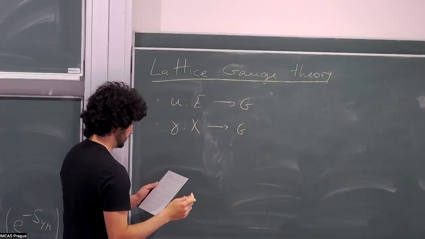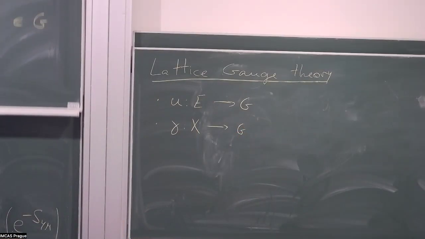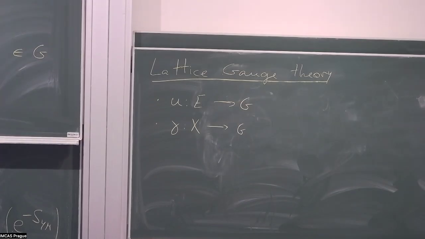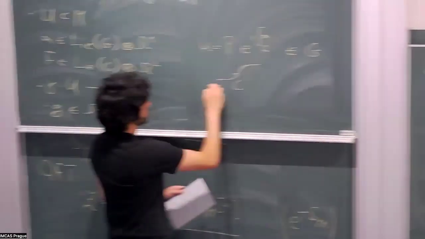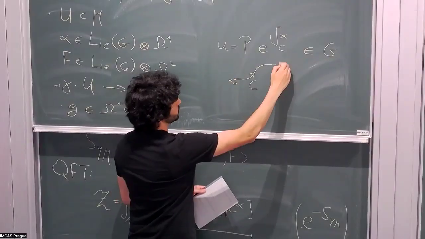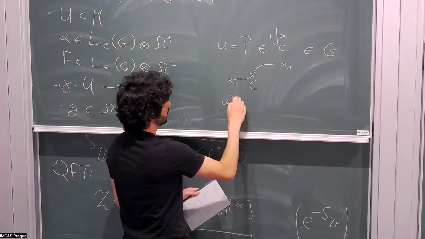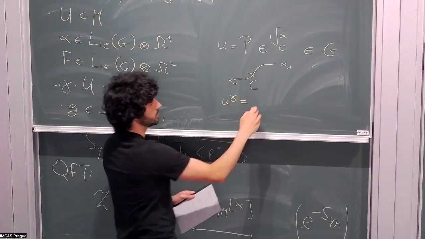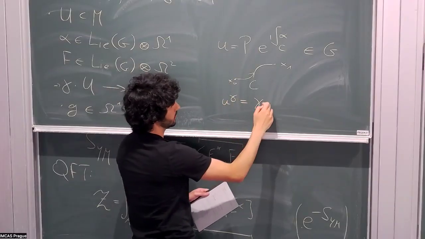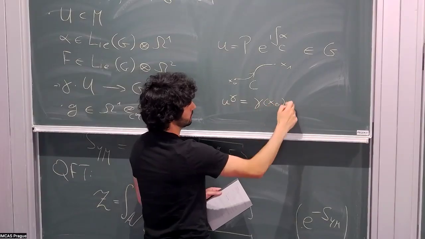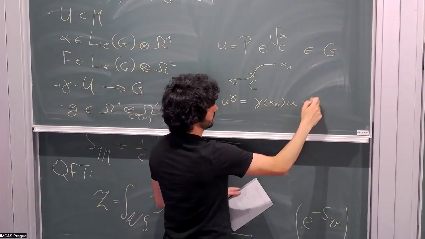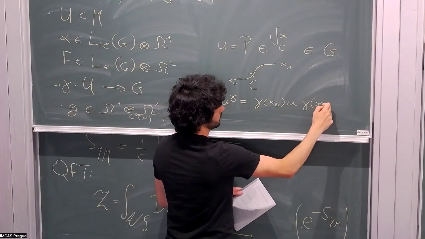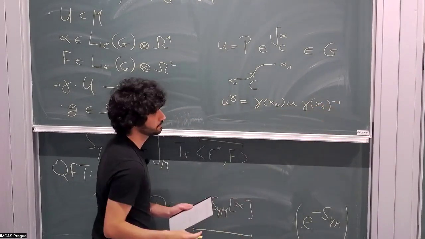And the way that this holonomy transforms, if we have here x0 and x1, is by multiplying the holonomy with the value of the gauge transformation at the beginning, and then the value inverted at the end.